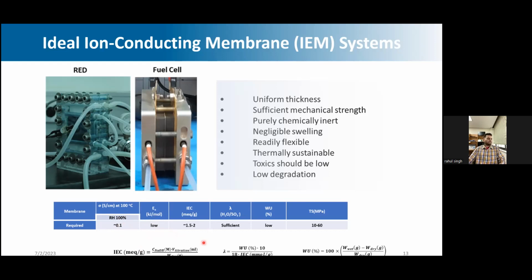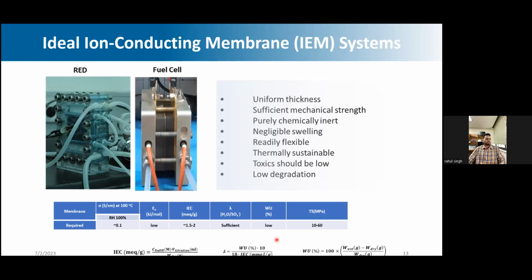Ion exchange capacity is another form of, you can say, conductivity, because conductivity and ion exchange capacity are directly proportional, and it should be around 2, because if we increase the ion exchange capacity too much, the membrane can lose its structure and easily break. So we need to consider that.